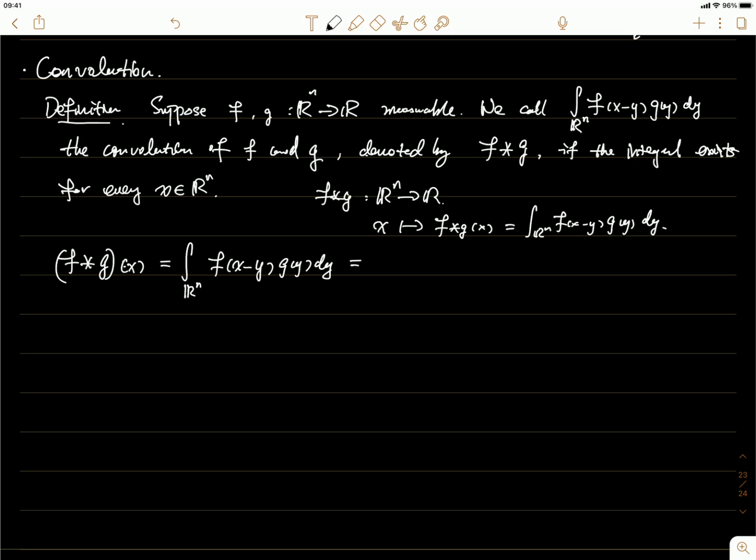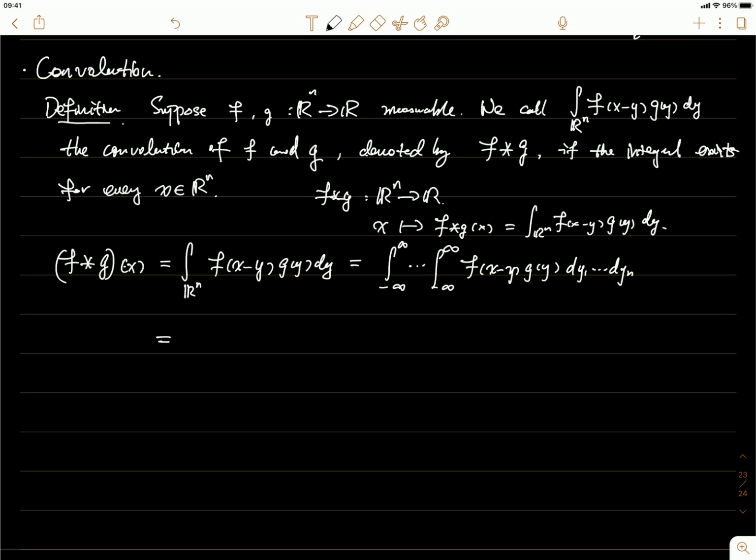It has n components. So right, then this just means the integral from negative infinity to positive infinity for each of these y components of f of x minus y, g of y dy1 through dyn. Okay, so you can always interpret it in this way.